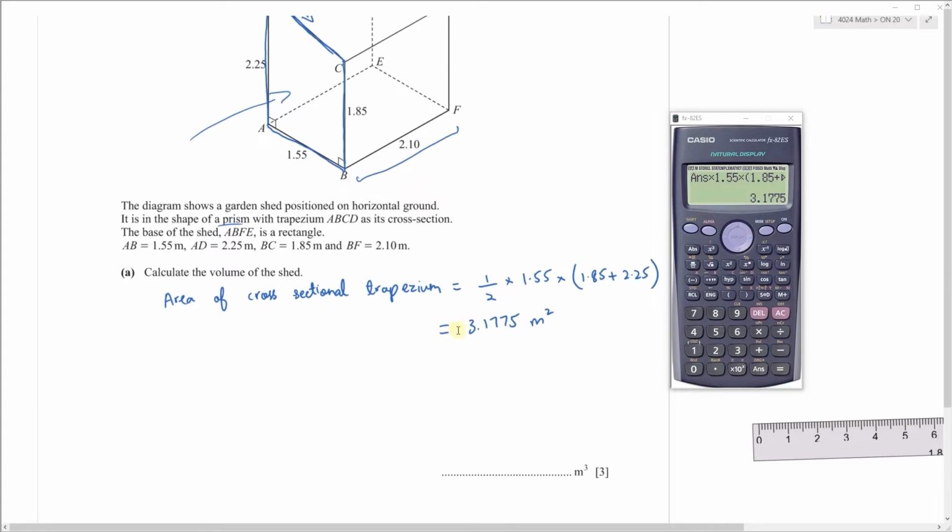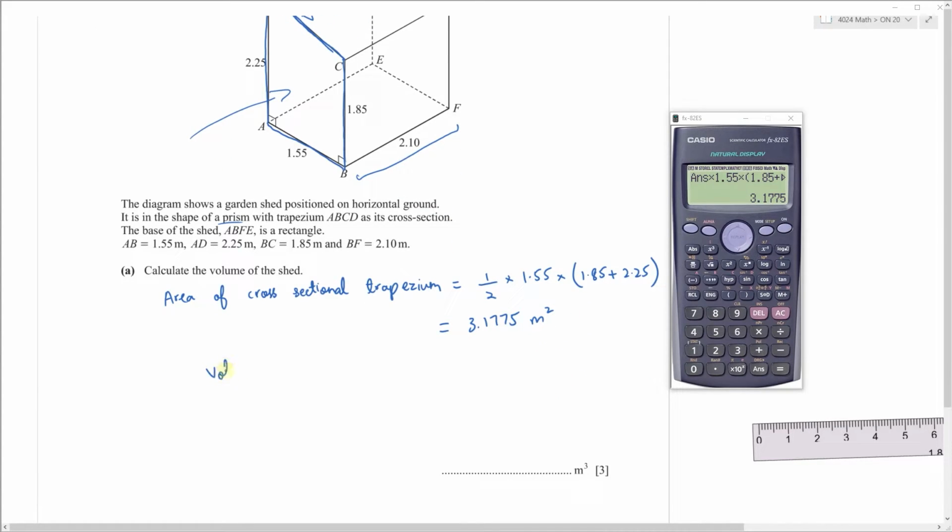So now to calculate the volume will be the cross-sectional area, which is 3.1775, multiplied by this height of the shed, which is 2.10. So this multiplied by 2.10 is 6.67275. Up to three significant figures, I can write it as 6.67 meter cube.